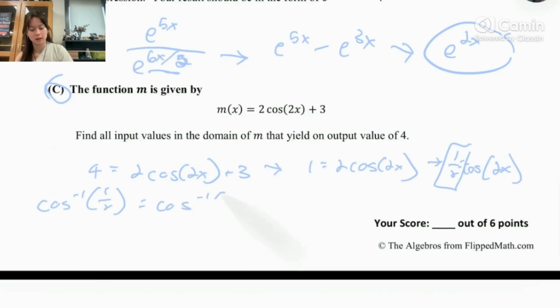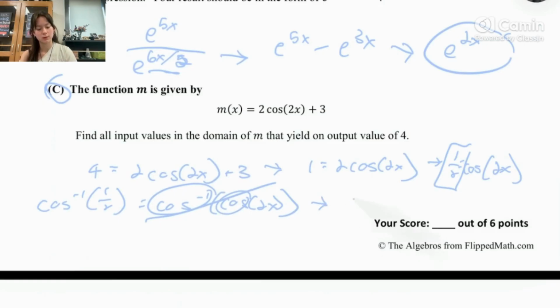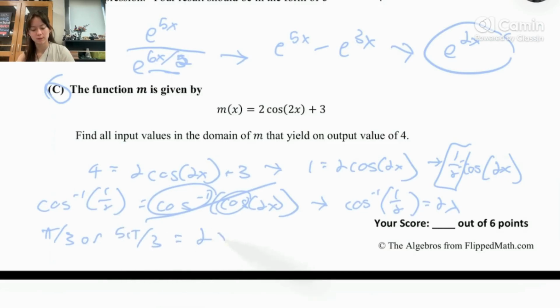Cosine inverse of cosine of 2x. Again, when it's inverse and regular, that'll just cross out, and that'll get you cosine inverse of 1/2 equals 2x. When you think about the unit circle, and think about cosine inverse of 1/2, that could get you pi over 3 or 5 pi over 3, which would equal 2x.